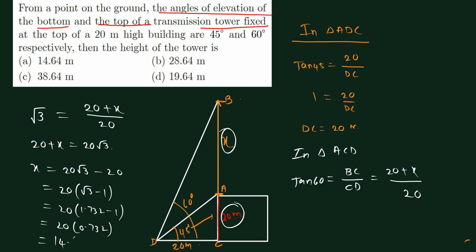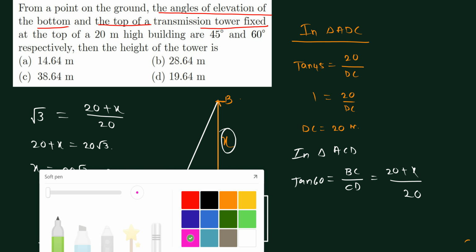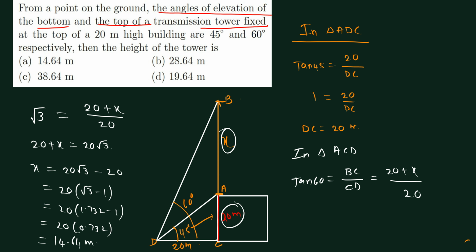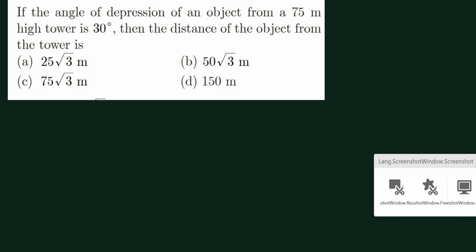When you calculate this, you will get 14.64 meter. Then this x value gives the height of the tower fixed on the building. What is the height of the tower we got here? 14.64 meter.